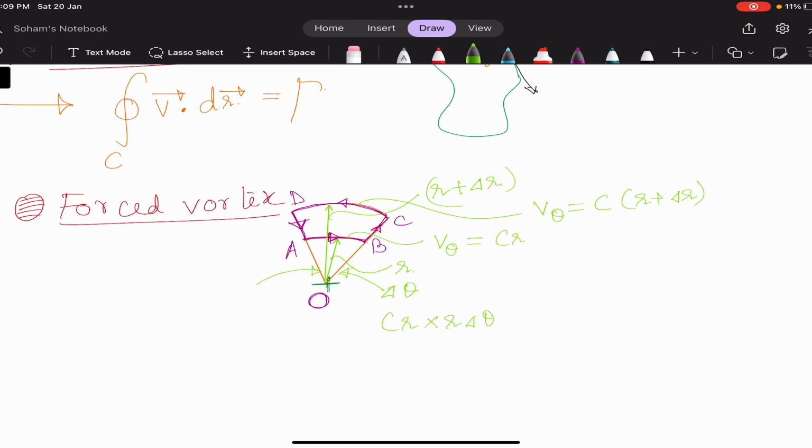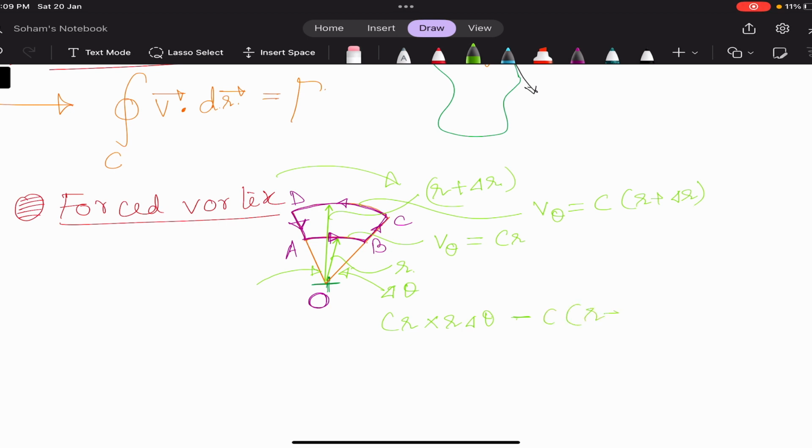If the direction of the rotation of the fluid is this, then in AB the direction of traversing and rotation are the same, so the dot product will be positive, right? And now CD will give a minus, because the direction of rotation of the fluid and the direction of traversing are opposite.